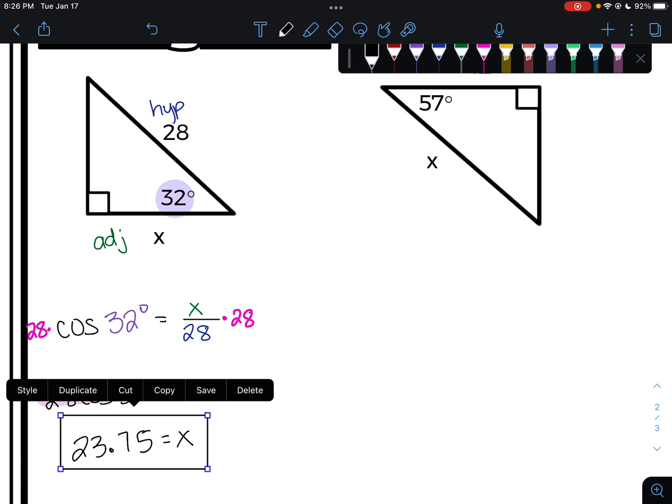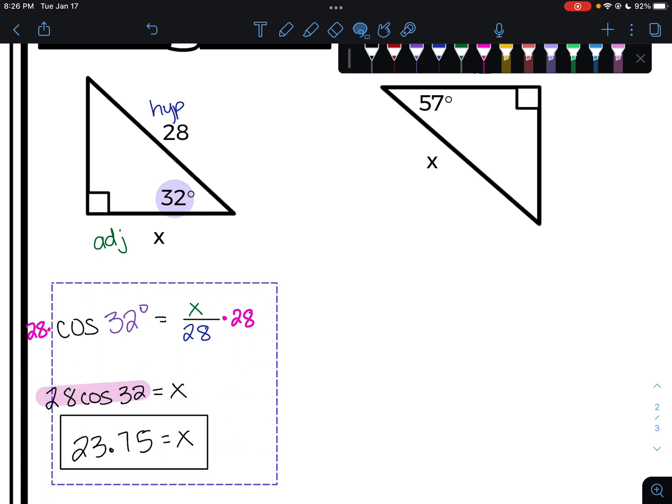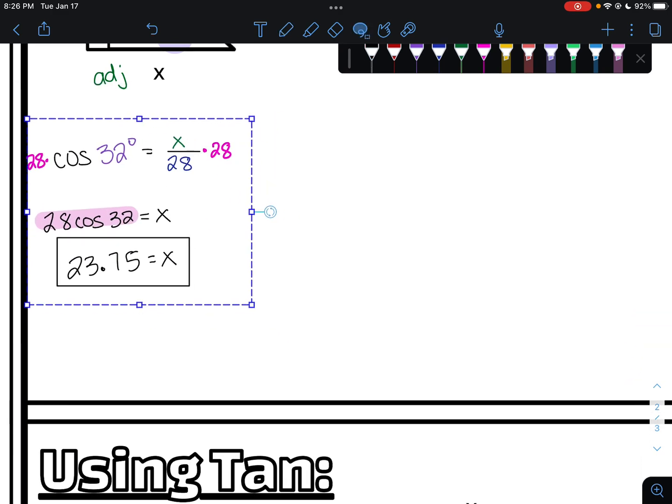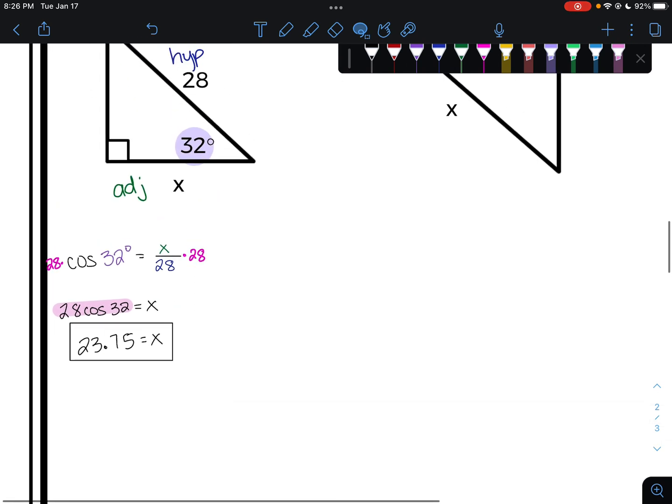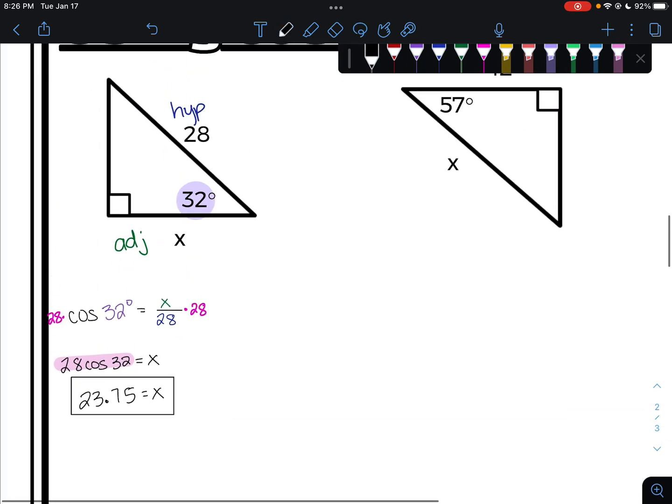Now, let's say that I wanted to solve for the other missing side. Okay? If I wanted to solve for the other missing side, let me label it y. If I wanted to solve for y, this would now be the opposite side. You always want to use information that you are already given. So I don't want to use the x value that I just found, just in case I made a mistake with rounding or typing it into the calculator.